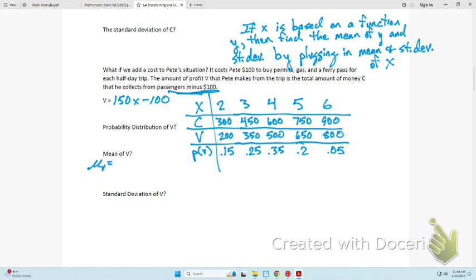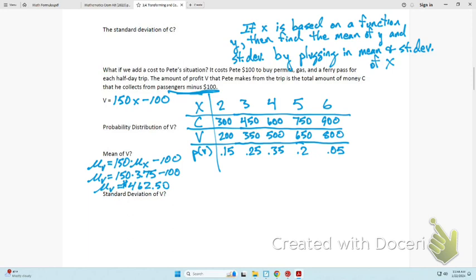So the mean of V is 150 mean of x minus 100. We already know what 150 mu x is. Let's just subtract 100. And we get 462.50. Standard deviation, there's a catch.